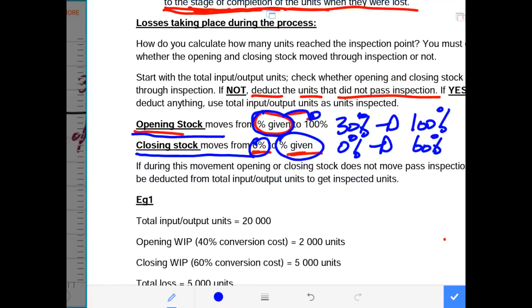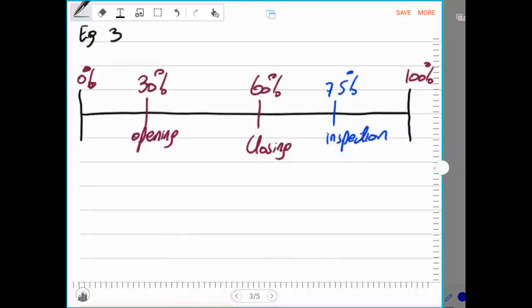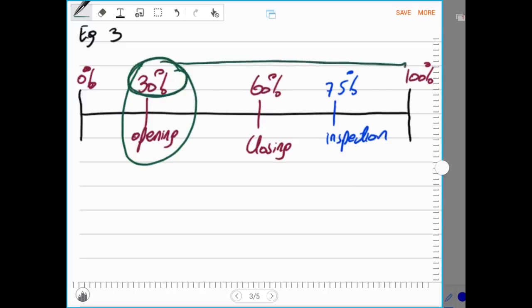It is always very critical and crucial for you to understand process costing. So we start with the opening. The opening starts from a given percent up to 100%, and the given percent is 30%, so our opening will start from 30% up to 100%. Will the opening pass the point of inspection?